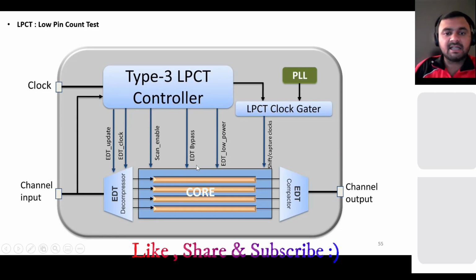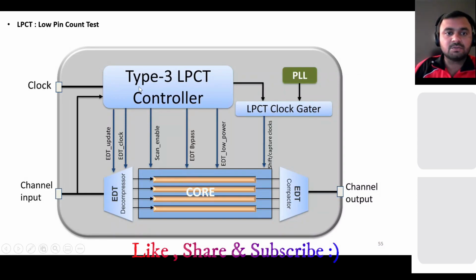So the basic idea is, you can see this EDT update, EDT clock, scan enable, EDT bypass, EDT low power, right? Usually these signals have to come from the boundary, but you don't have that many pins. So to solve that issue, we use this logic. Basically you just have a clock port, a channel input port, and a channel output port.